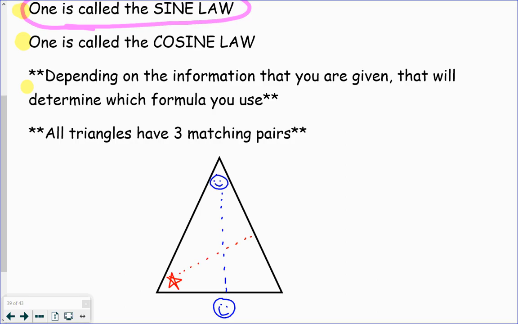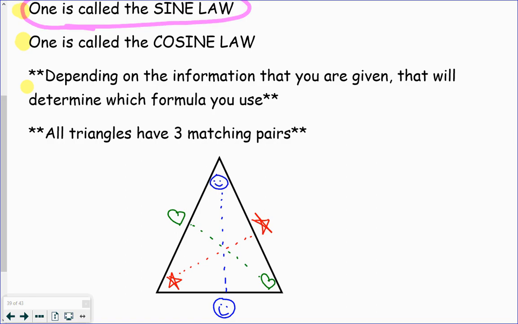The one across from it is considered the match. Last symbol, what should I use? A heart. If that corner is a heart, the one across from it is its matching pair. So what we have here is three matching pairs.